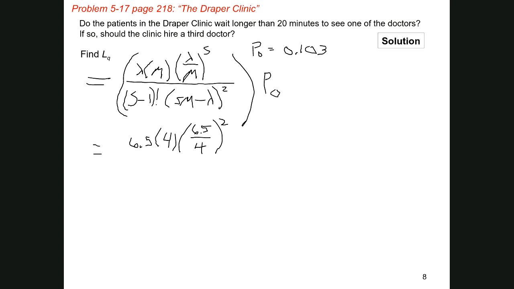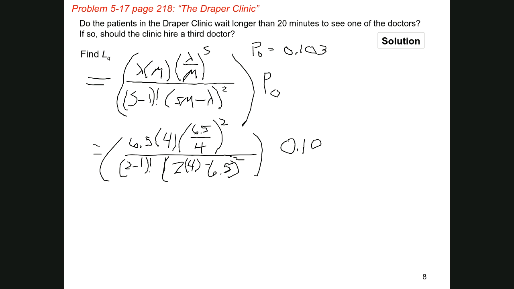Then the denominator is 2 minus 1 factorial, times, whoops, that should be a parentheses, times 2 times 4 minus 6.5, and that quantity is squared. And then we're going to multiply this by P sub 0, which is 0.103.